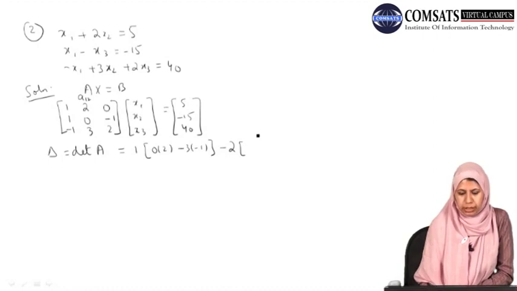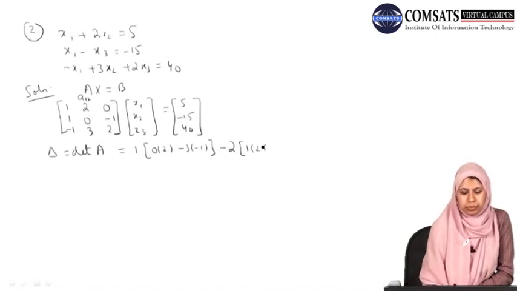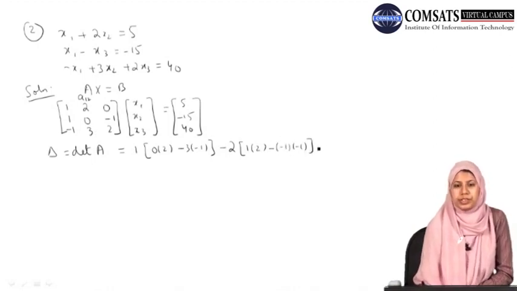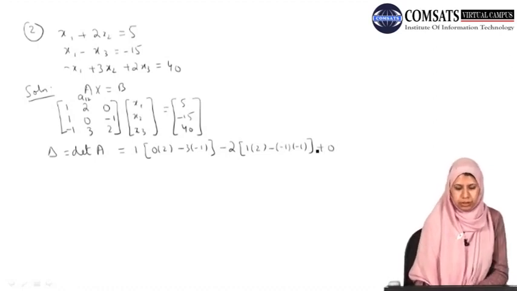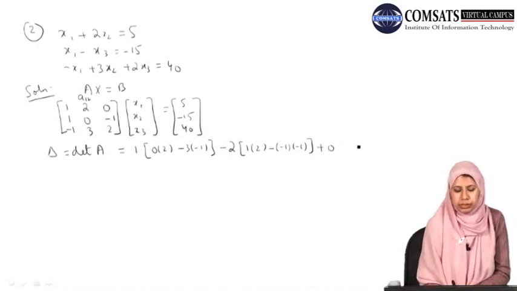And the determinant of a matrix of order 2 by 2, that is the minor, neglecting the first row and second column, we obtain 1 into 2 minus 1 into minus 1, plus 0, because the cofactor of this entry will be whatever the number is multiplied by 0, which will be 0.